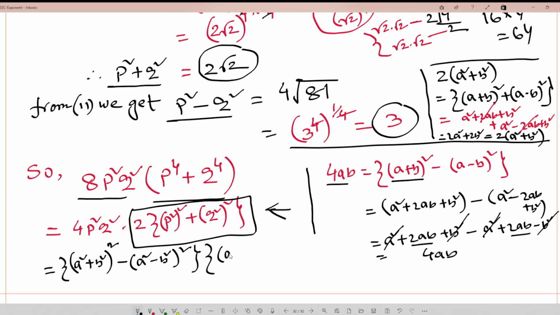We can write a plus, not a, it should be (p² + q²)² + (p² − q²)², right? Now we can put the value, and look, here should be p and q, p and q. Once we put the value, we can do it on the next page.